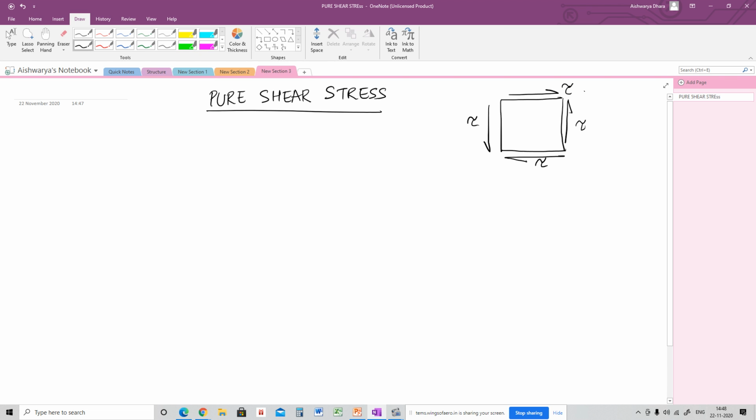So in this you have to remember the equations: sigma n is tau sin 2 theta and tau xy is tau cos 2 theta.